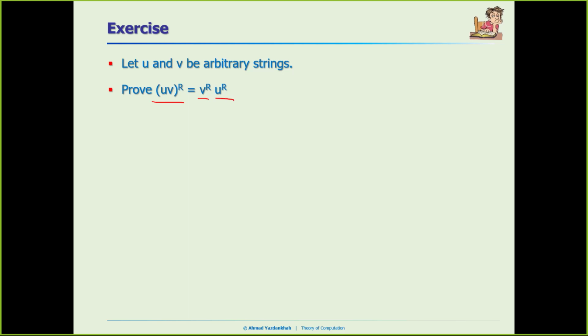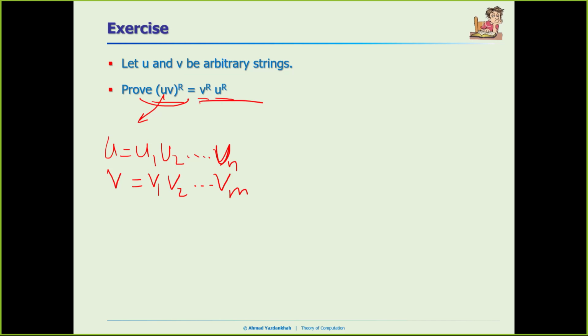You need to say, okay, U is, for example, equal to U1, U2, up to UN, and you can put V as V1, V2, up to Vm, and then substitute these two inside here and try to simplify that. You will get it. Yeah, it's so easy.